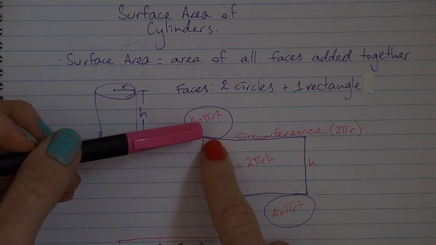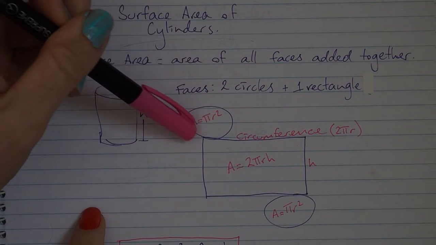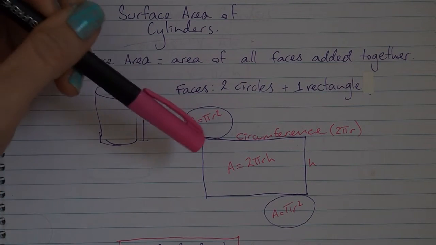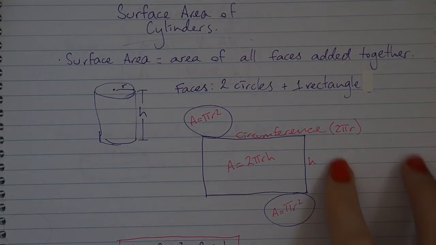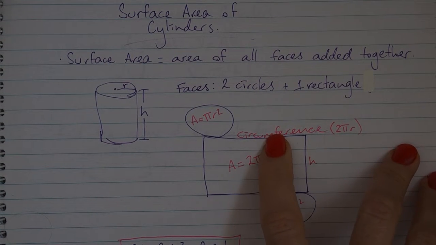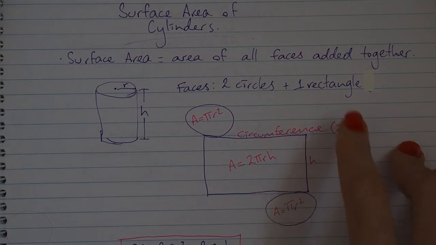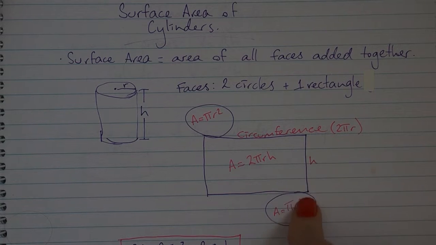So the length of our rectangle actually goes around the entire circumference of the cylinder. So the length of the rectangle is going to be 2 pi r, which of course is the expression for the circumference of a circle. And then the breadth of the rectangle is just going to be the height of the prism.